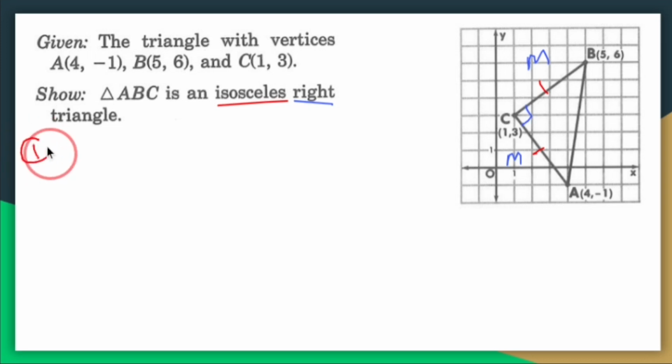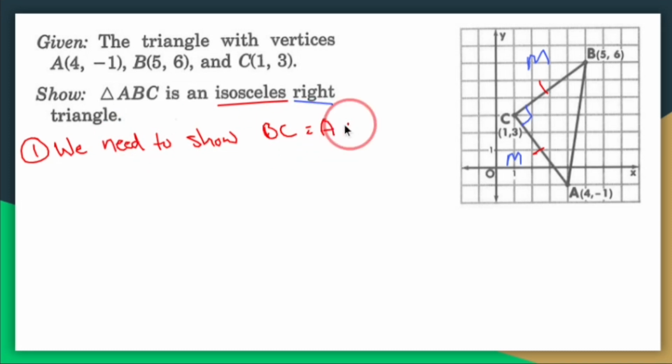If I was your teacher, I would just ask you to show what you need to show and explain what you're doing. So I would want you to say something to the effect of, well, number 1, and I'm showing this part first, we need to show that BC or CB is equal to AC or CA. Okay, I probably said it backwards at some point, but it all means the same thing.